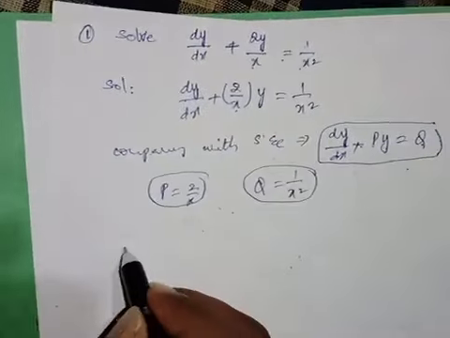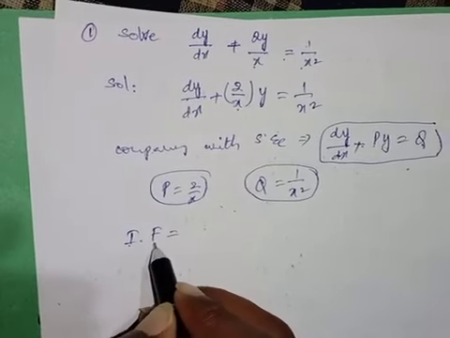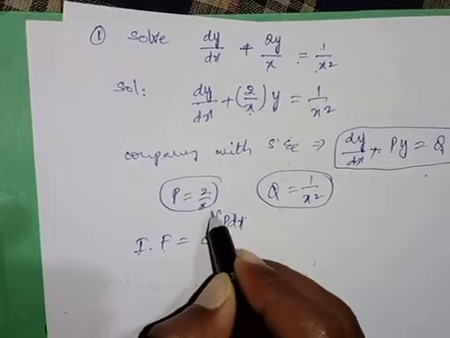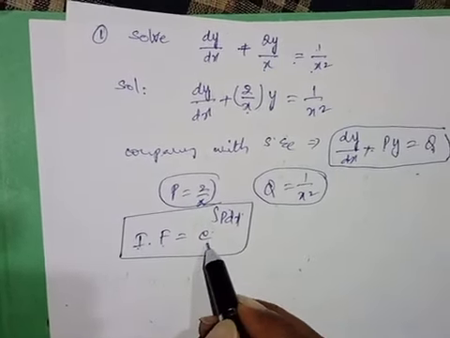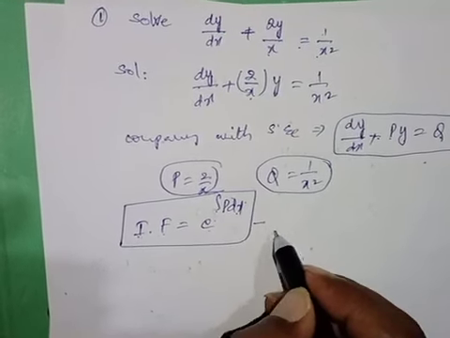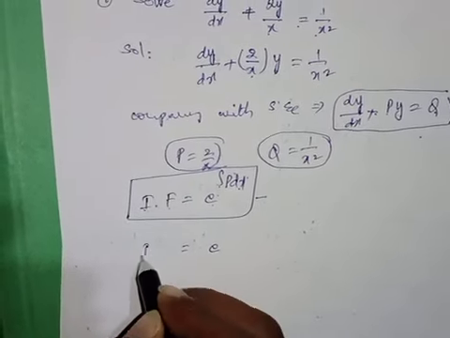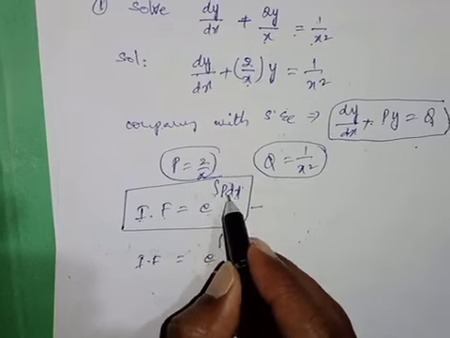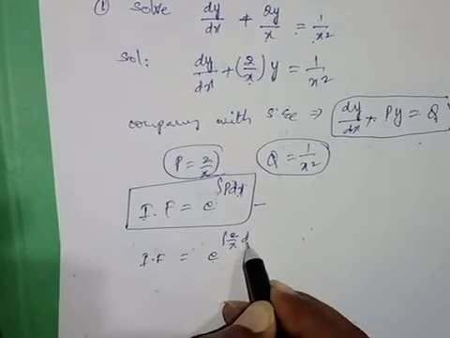Now find the integrating factor, it is simply denoted IF. The formula is e to the power of integral of p dx. It may carry 2 marks also. So IF is equal to e to the power of integral of p, where p value is 2 by x, so it is 2 by x dx.